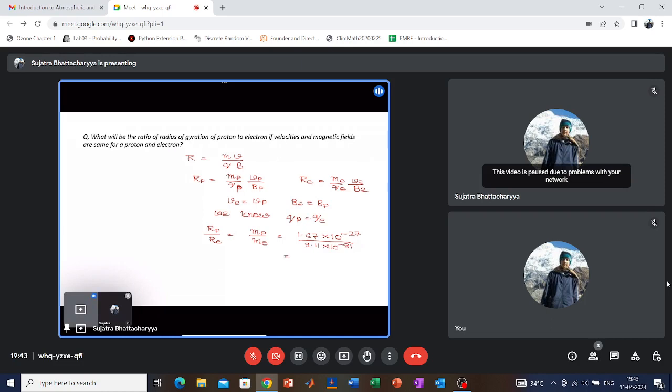So ultimately, this is the ratio of the masses which is playing a role here. So it's 0.1833 into 10 to the power 4, or it can be written as 1.83 10 cube. So it's a kind of 1,000 times, isn't it? Okay.